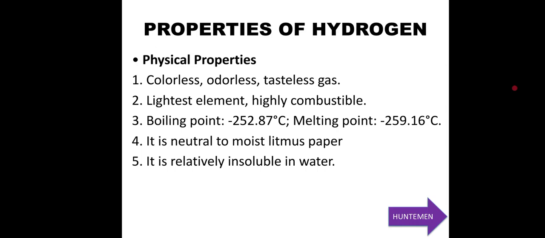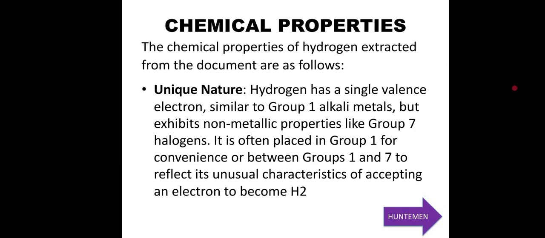It is relatively insoluble in water. That does not mean that it cannot dissolve in water at all, but relatively, compared to oxygen. Oxygen dissolves in water, you know. So hydrogen is relatively insoluble in water, but a very little amount of hydrogen dissolves in water.